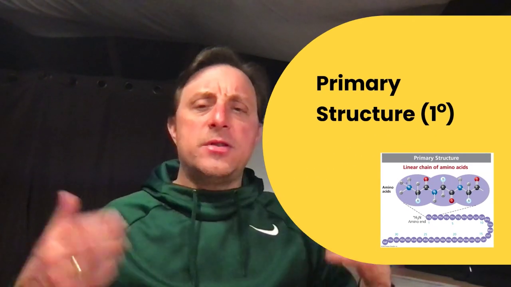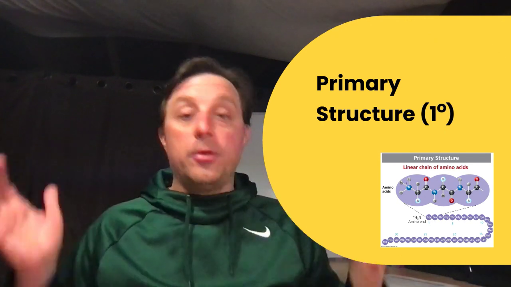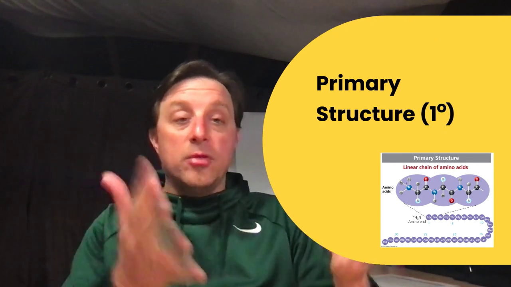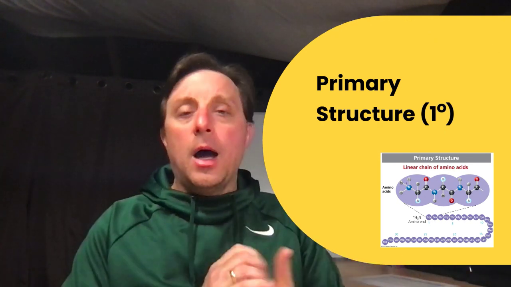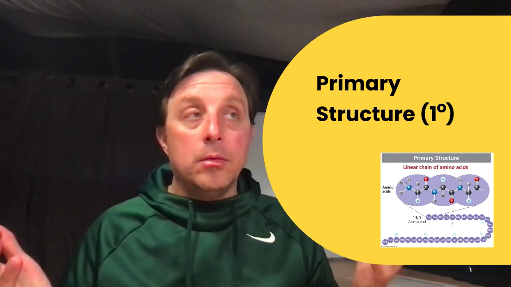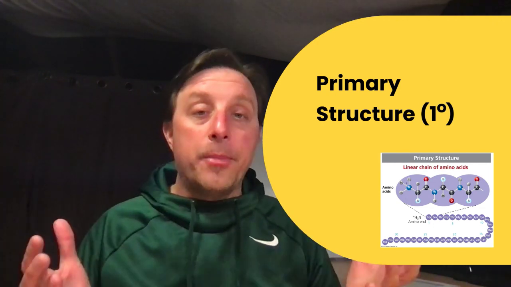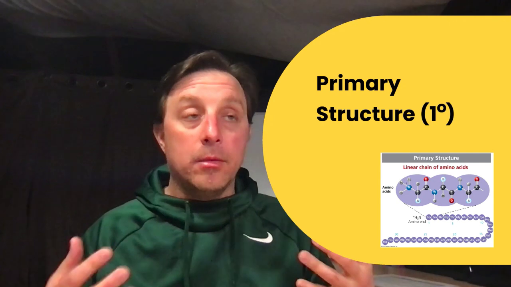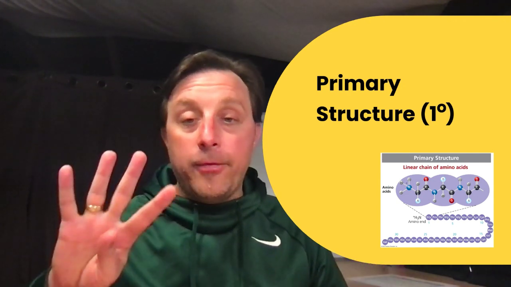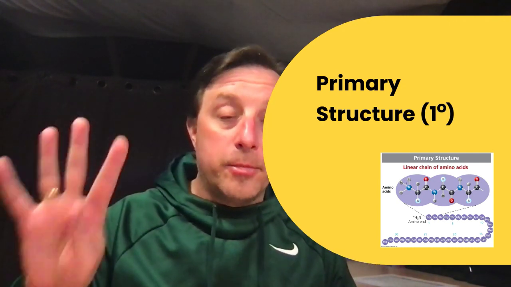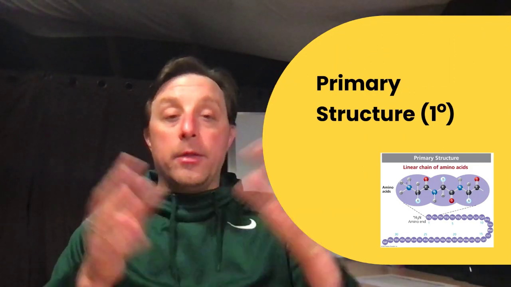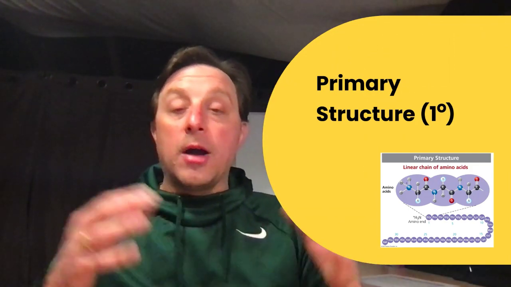So in terms of structure of proteins, like I said, structure of proteins is highly variable. Every protein has a unique structure. But we can talk about general structural properties. And when we talk about protein structure, there are 4 levels of protein structure. The first level here is the primary structure.